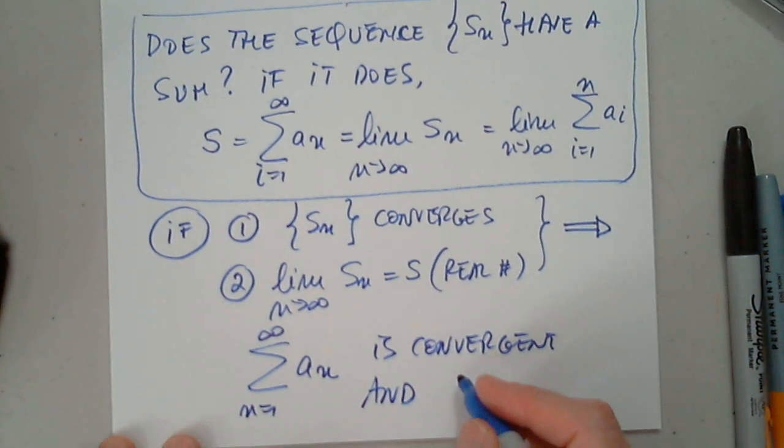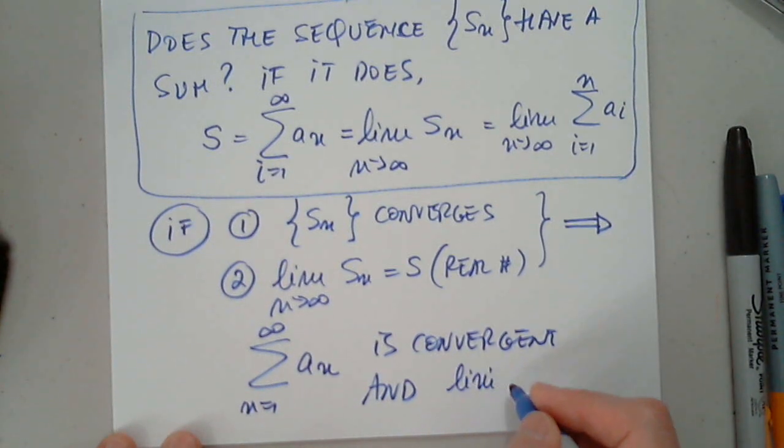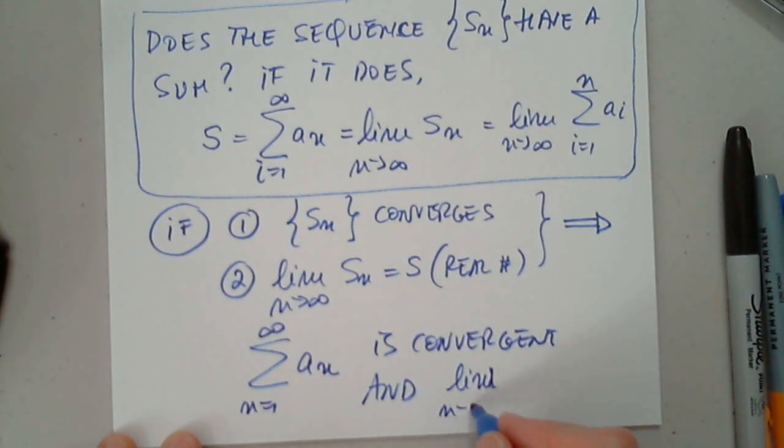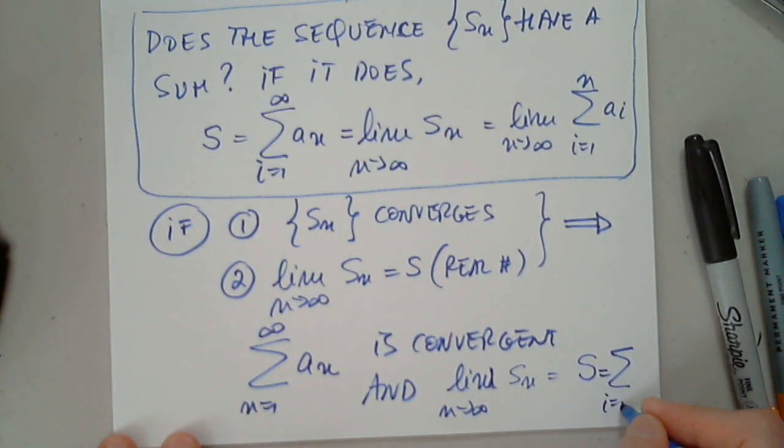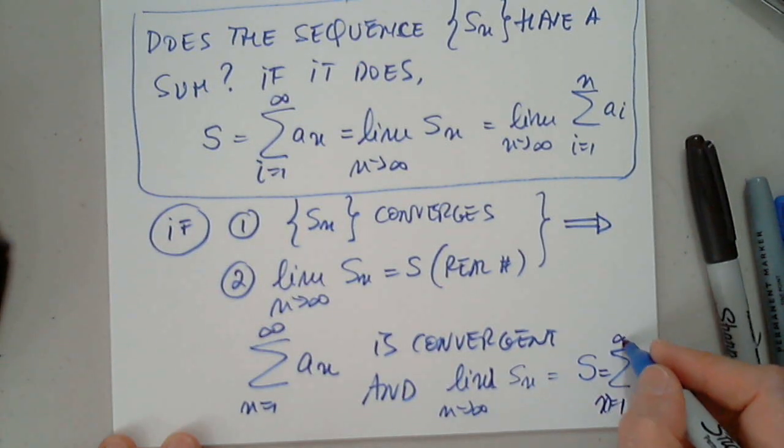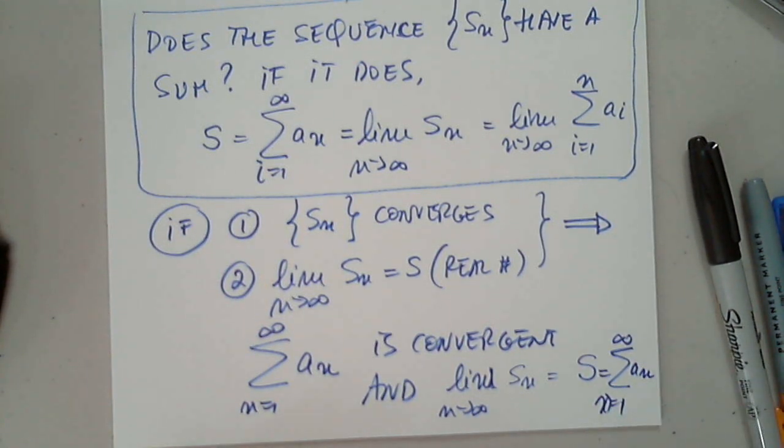And the limit as n approaches infinity of S sub n is S. And that equals the sum from n equals 1 to infinity of a sub n. I'm sorry, I meant to write n equals 1 to infinity.